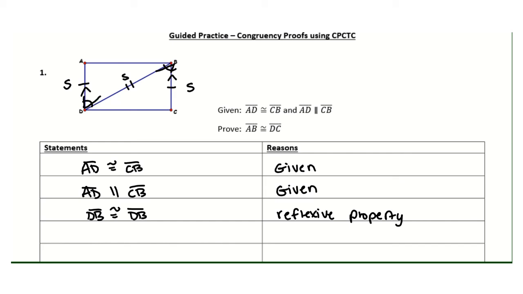So why can I say that angle ADB is congruent to angle CBD? Well, aren't they alternate interior angles?